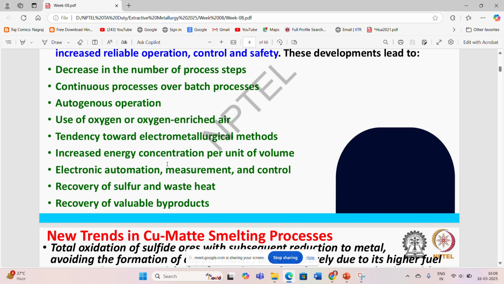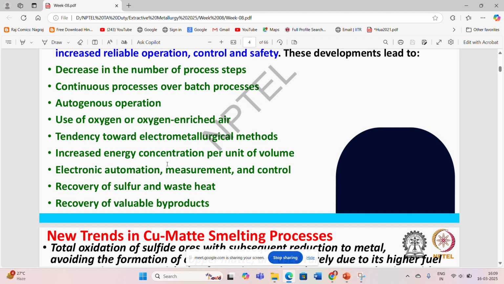So nowadays they are also recovering the sulfur gas produced during the copper pyrometallurgical processes in the form of H2SO4 acid, which can be further used during the hydrometallurgical processing of the copper metal. Then they are also repurposing the waste heat generated during the whole operations.